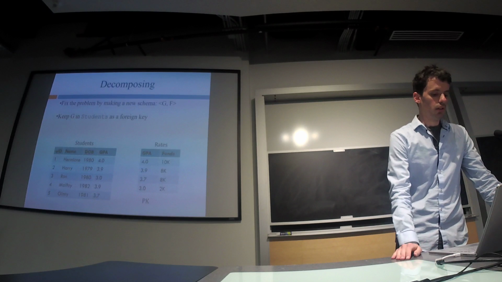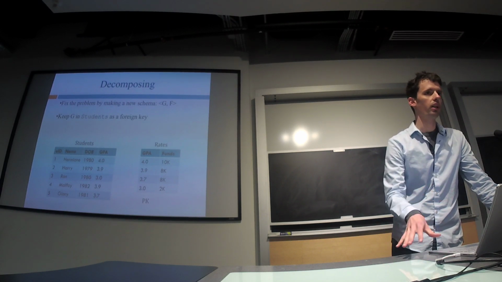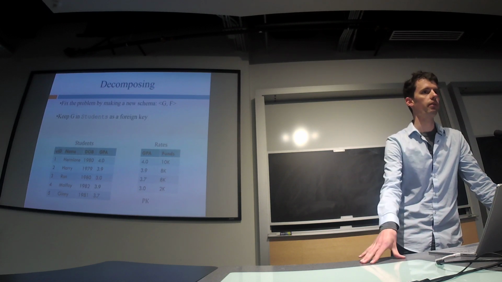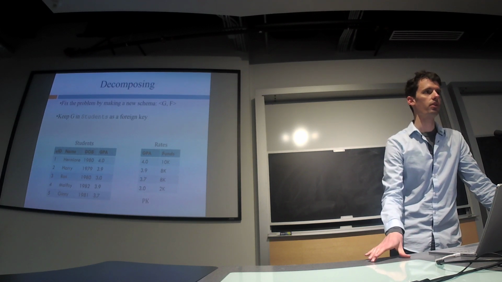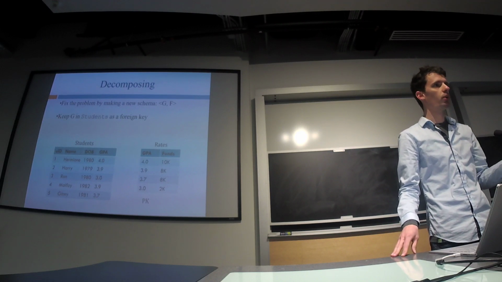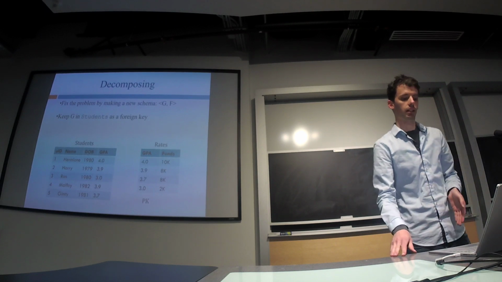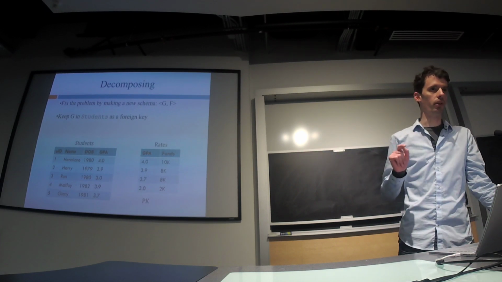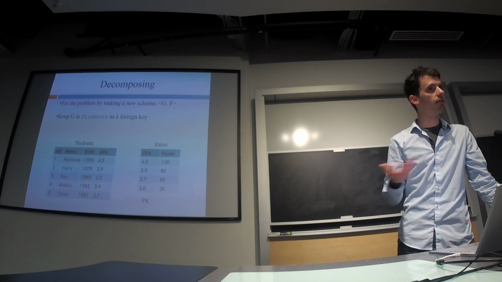Okay. So to fix this, we decompose the relation. We take the functional dependency, GPA to funds. We make a new table that contains those two columns, and then we keep a foreign key in the original table that goes to G. So we still have GPA in students, but now we have this other table that maps the funding rates.